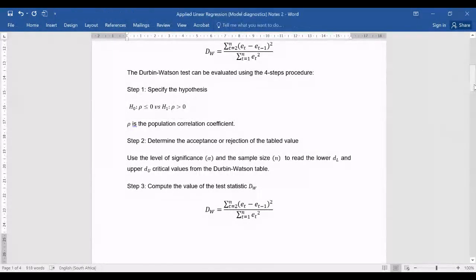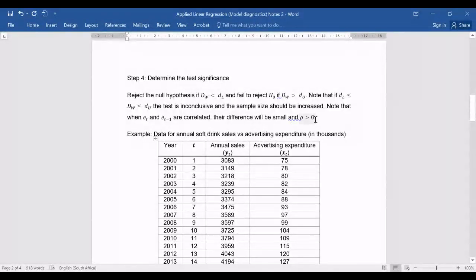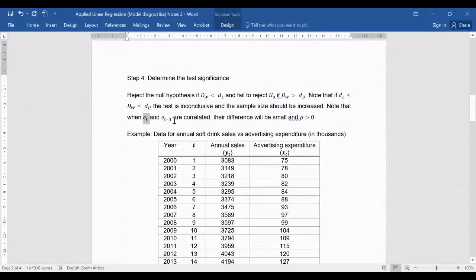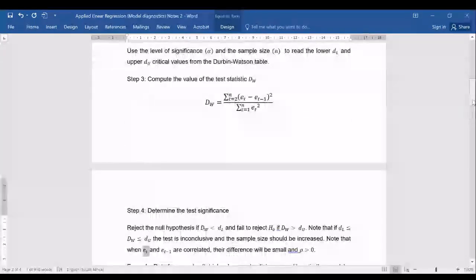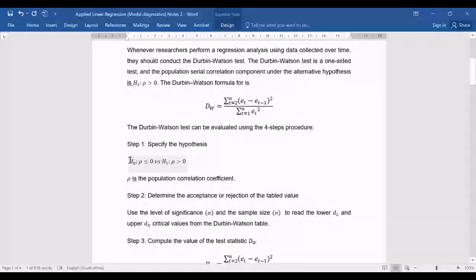And now I am concluding here to say Et and Et minus 1 are correlated if rho is greater than 0. So they are positively correlated if we reject the null hypothesis.